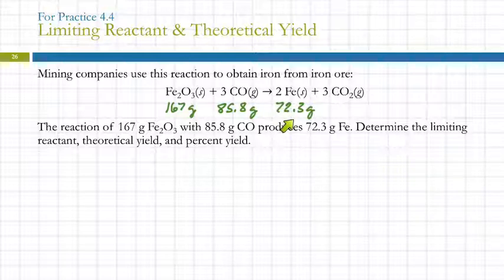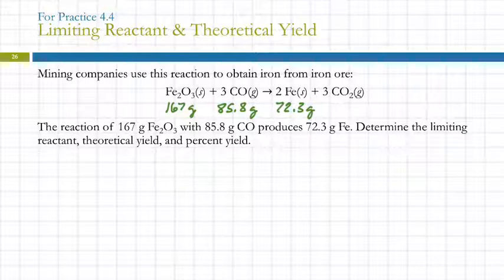Is this telling us how much our theoretical yield is? This is the actual yield. This is saying the reaction of this with this produces 72.3 grams. So the actual yield is something that we have to tell you, or in the lab, it's what you measure. It doesn't come from the calculation.